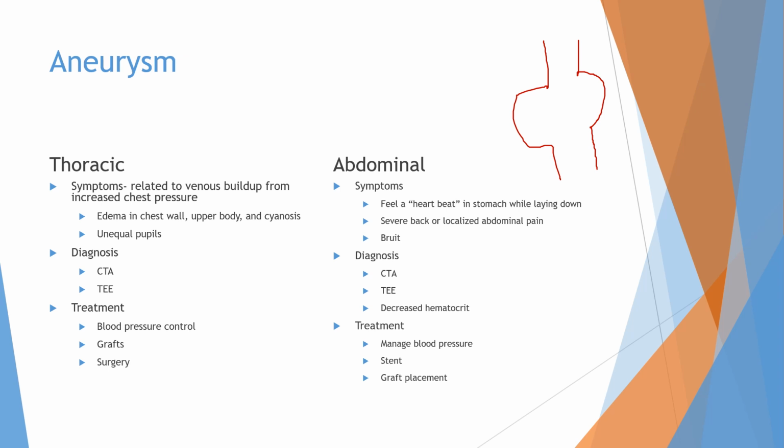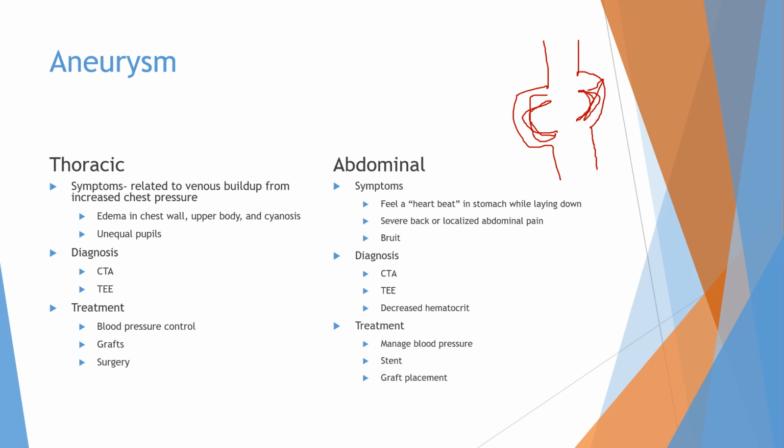If this were to rupture or is big enough, they might complain of severe back or localized abdominal pain. You might hear a bruit because as blood comes in here, it kind of eddies. So it's going to swish. And so when it eddies, it also is at a risk of clotting.